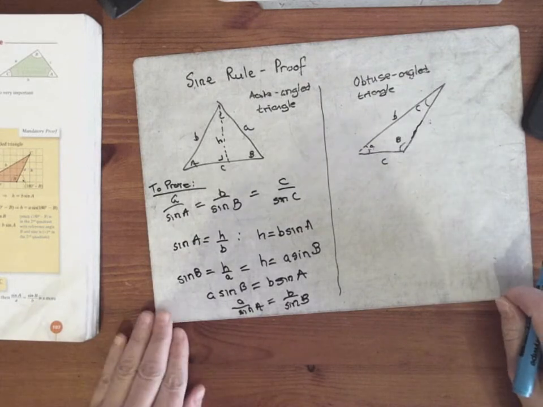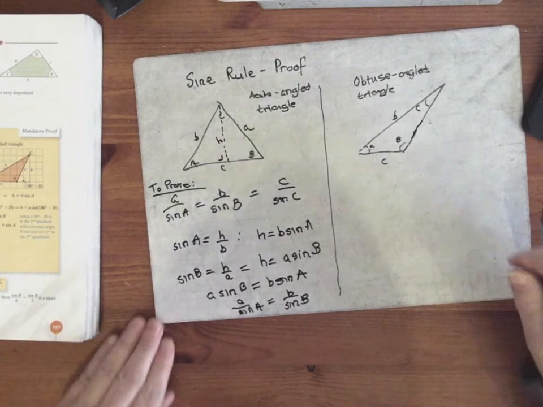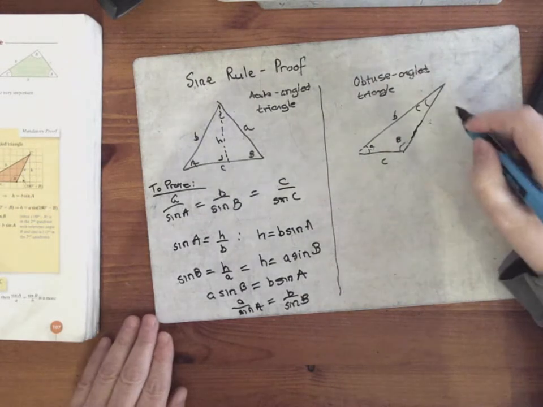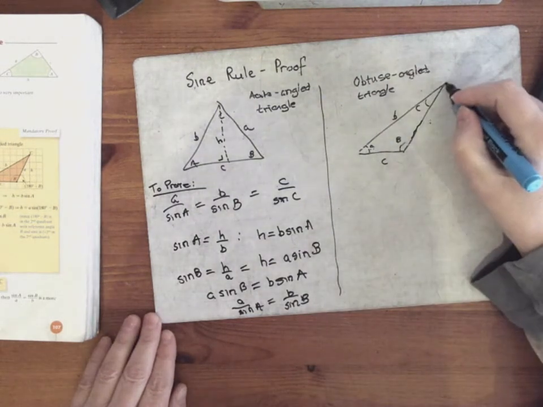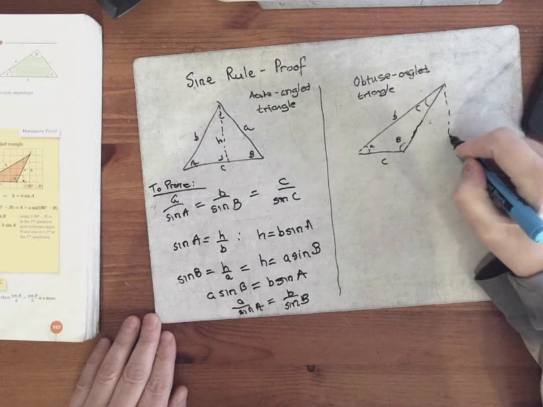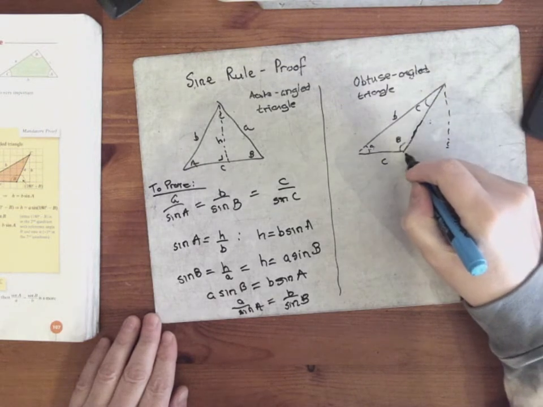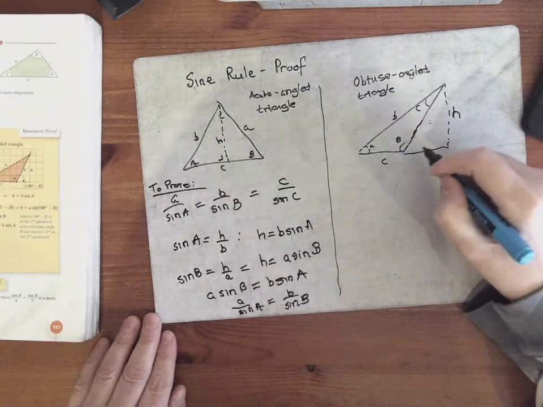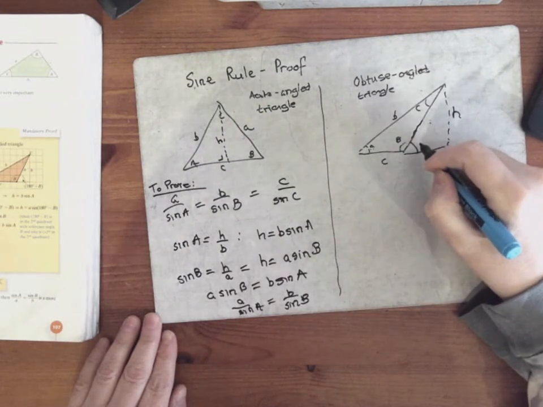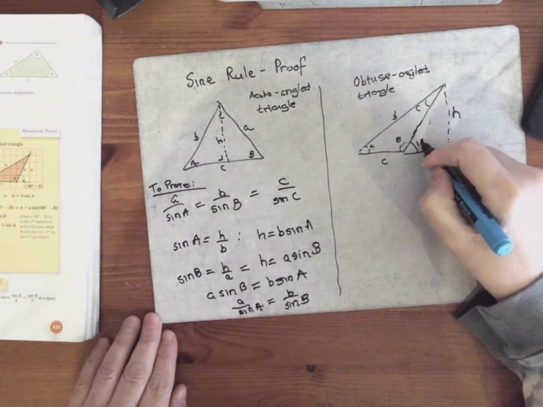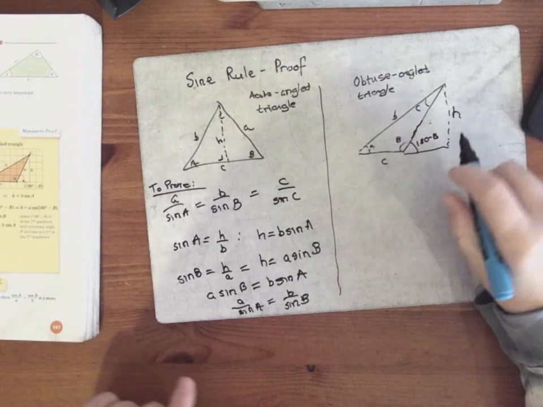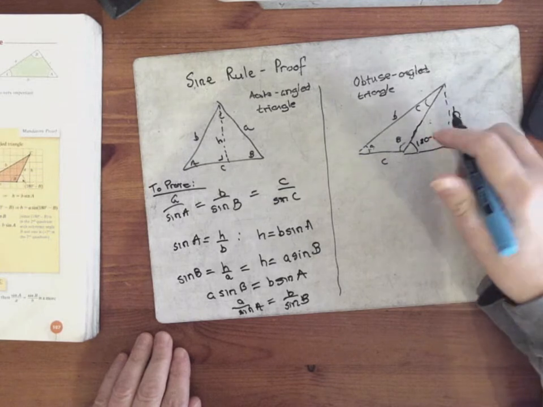Okay? Now, exact same proof, guys, except this time we have to do it in an obtuse angle triangle, okay? So when it's obtuse, the perpendicular height is on the outside, okay? And in the right angle triangle, this is 180 minus B. Okay, so B is not in the right angle triangle, but 180 minus B is.